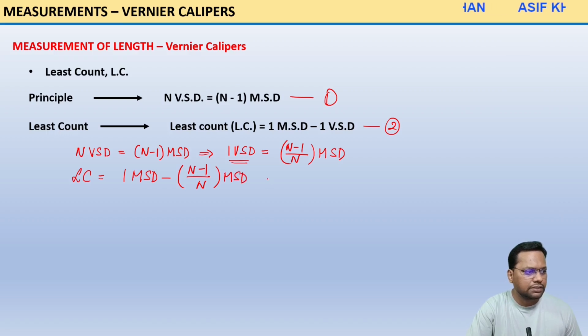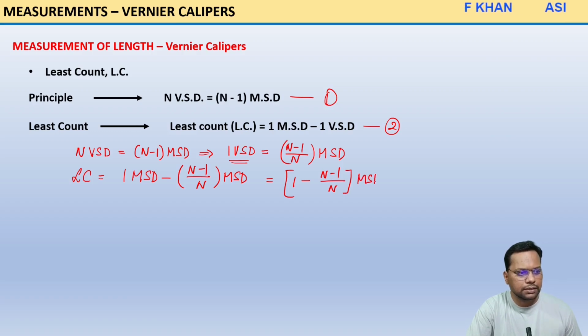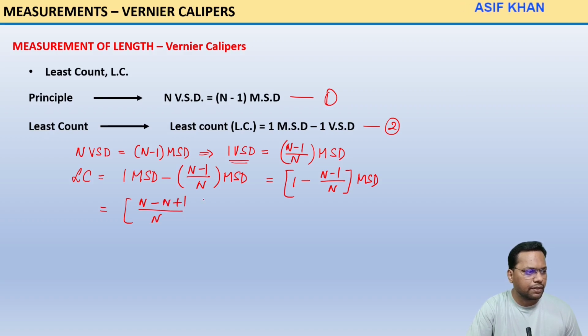Now you take the MSD common. So what will you get? 1 minus n minus 1 divided by n into MSD. Now if you simplify further, you will get n minus n plus 1 divided by n into MSD.